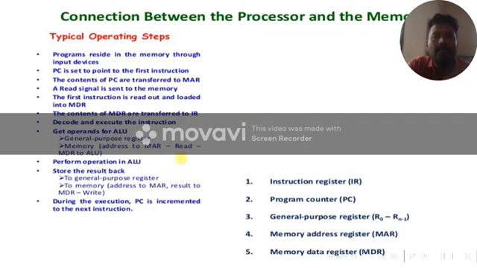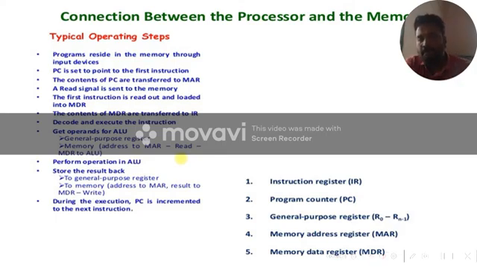Okay, how this communication or connection is carried out between the processor and memory, we have to go through a set of instruction steps. First, the program will be in the memory of a particular device. The instruction register will take care of the current instruction.